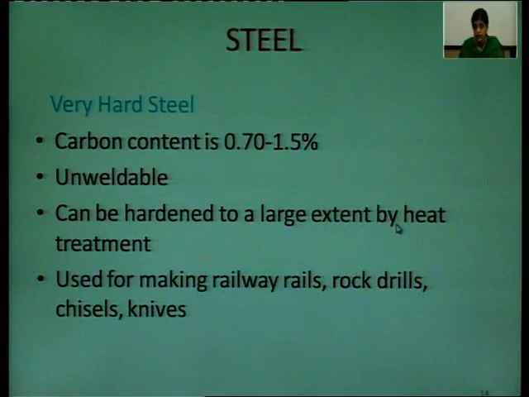It is quite strong, its strength is more, and therefore, it is used for making railway rails, rock drills. Rock drills, you understand? The drills that are used for drilling rocks. Then chisels, something that is used to chisel out something, and knives. They are made up of very hard steel.